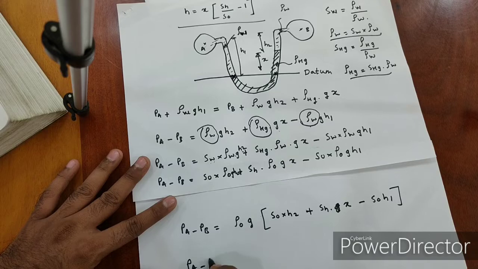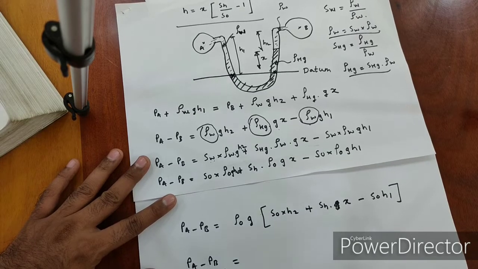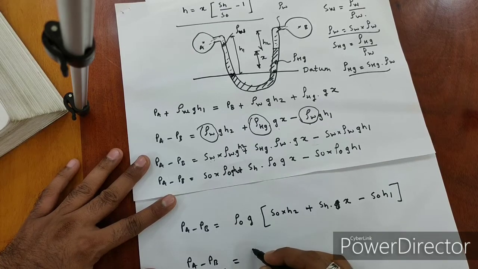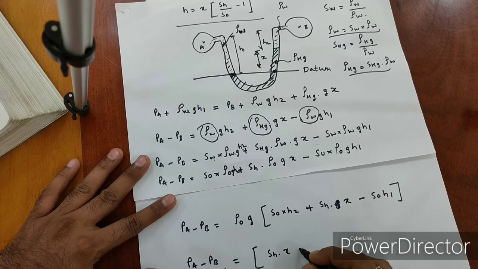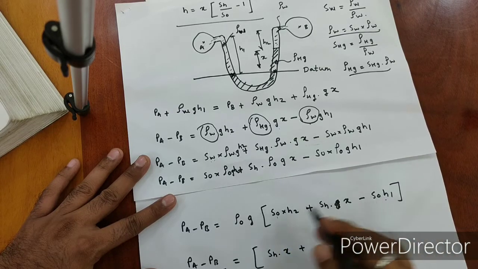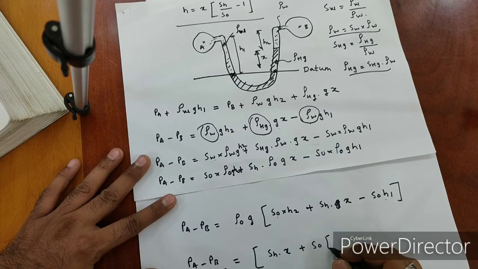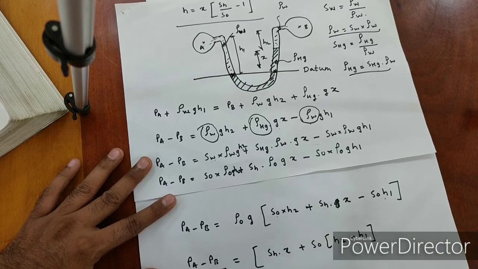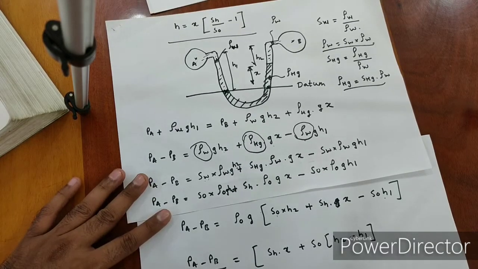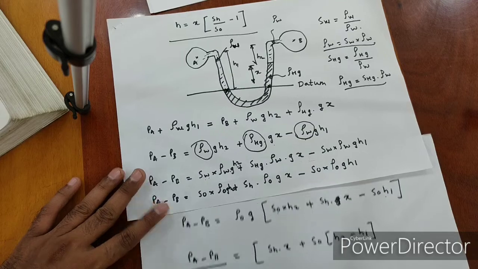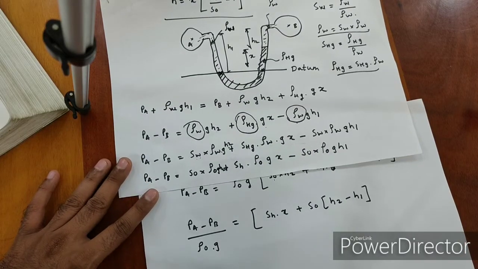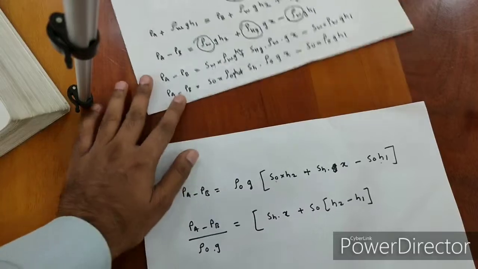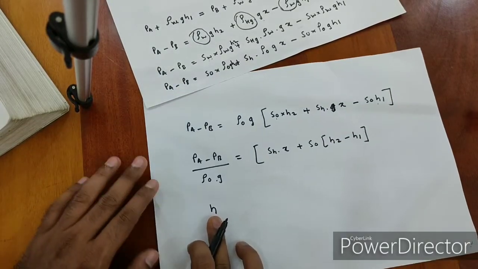PA minus PB divided by rho O G equals SH x plus, in this term SO is common, SO (H2 minus H1). PA minus PB divided by rho O G is nothing but the differential pressure head, which is denoted by H.